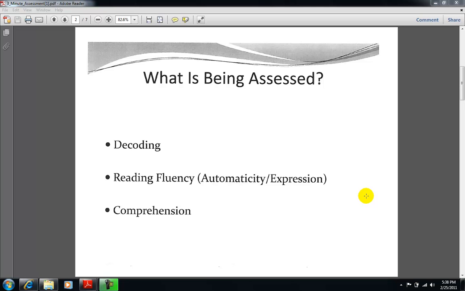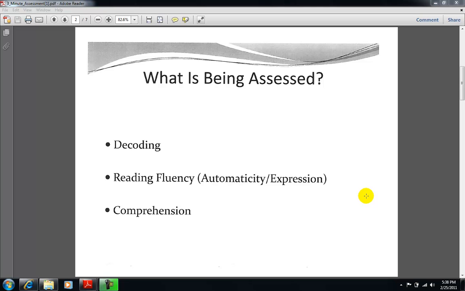And the nice thing about this assessment is it also gives a multi-dimensional fluency scale, so that we can think about the student's fluency with regard to expression and volume and intonation, and smoothness and pace. And that's a nice feature of this assessment, because as we know, reading fluency is not just looking at how fast a student reads or how accurate a student reads, but we're looking at all those things.